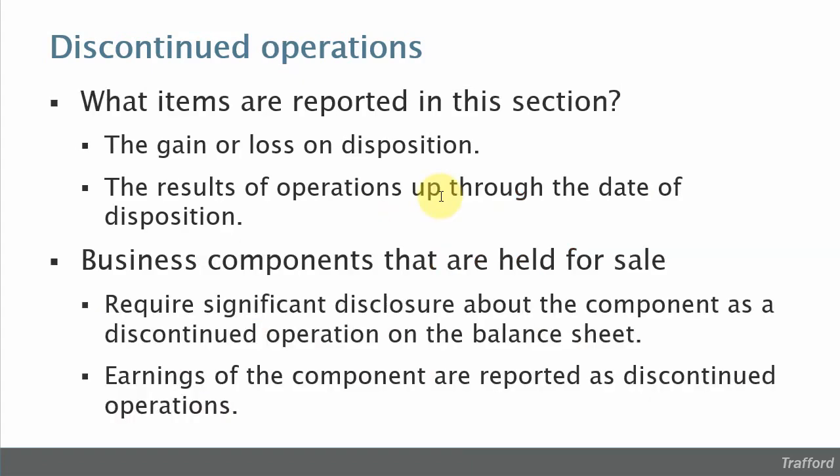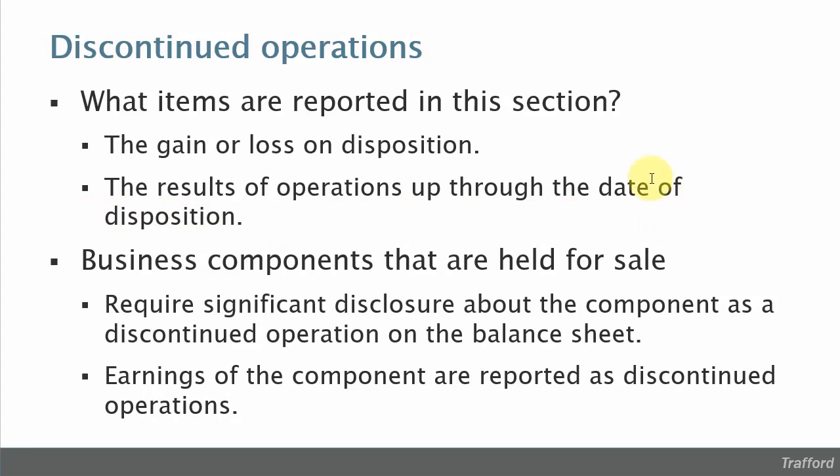Well, let's assume that a company does dispose of a part of their business and it qualifies as a discontinued operation. What items would get reported in the section of the income statement labeled discontinued operations? Well, two things. You would want to isolate from all of the other transactions of the business the results of the operations of that discontinued component up through the date of disposition.